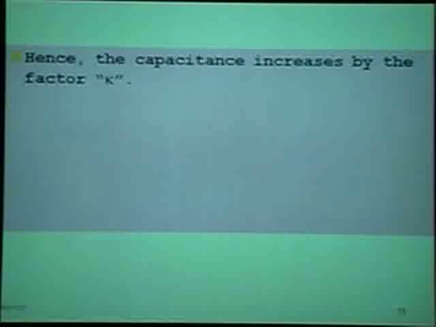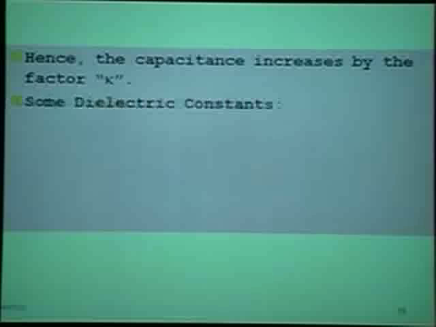So, with this new method, by putting an insulator in between the plates, we actually increase the capacitance by some factor, and the factor we increase it by is this dielectric constant. Here are some common dielectric constants. Vacuum is 1.000000000.